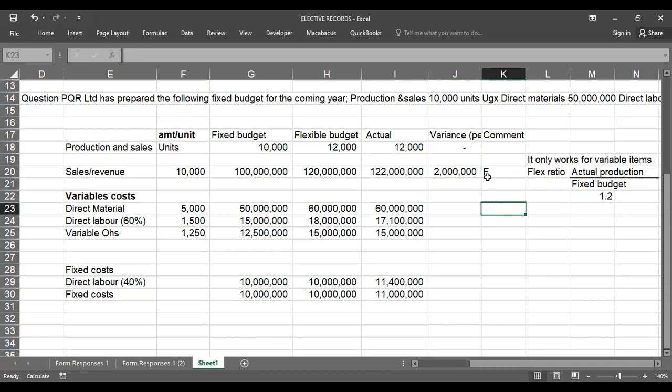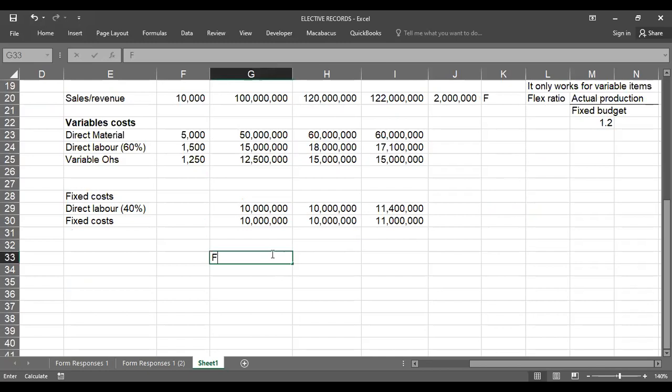How you know that something is favorable or adverse is that for all revenues or incomes, you want to maximize. By maximizing, I'm saying we want big things. That's for incomes.